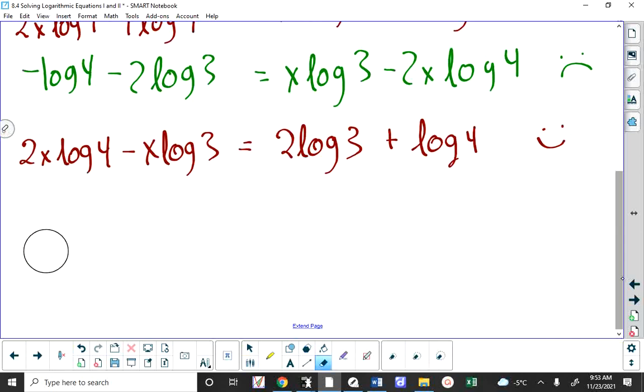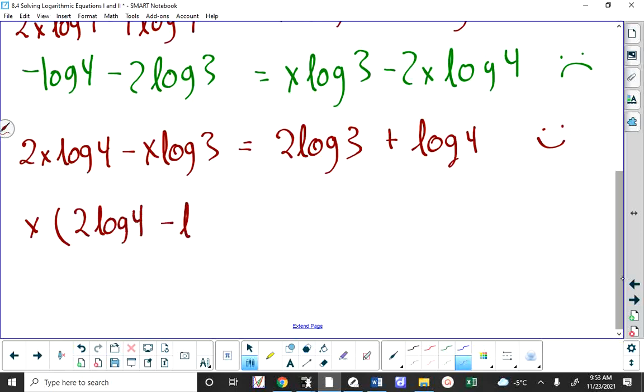So instead, you factor x out. By factoring x out, you get x almost by itself. You no longer have two x's. If I factor x out, I get out of the first term 2 log 4 minus log 3.